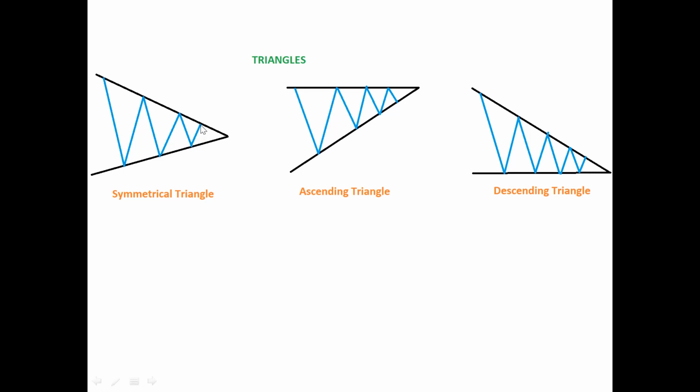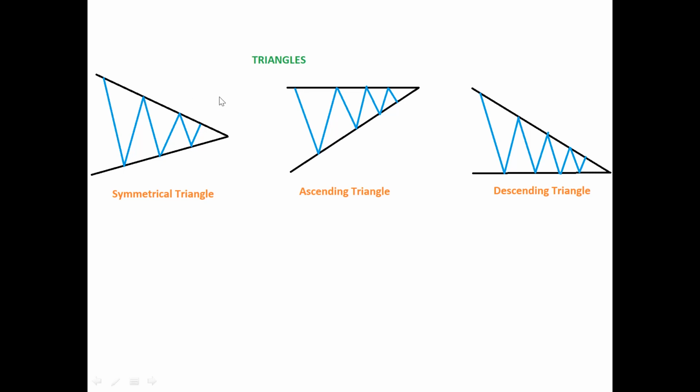Now this triangle, the price can break up or it can break down. When the price breaks up, we'll take the entry here on the long side, or we'll buy. When the price breaks down, we'll take entry here on the sell side, or we'll sell the stock here. Now when I take entry here on the upside, my immediate first target will be this swing high, right?